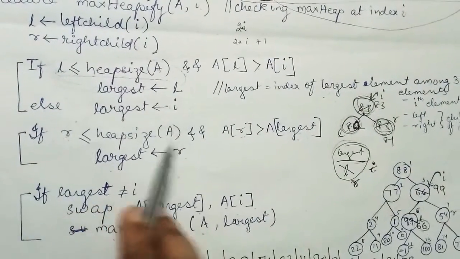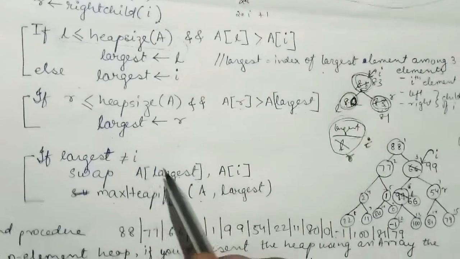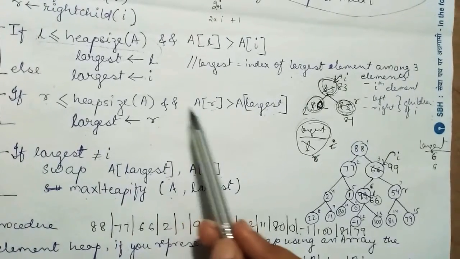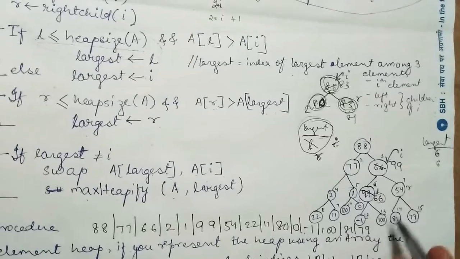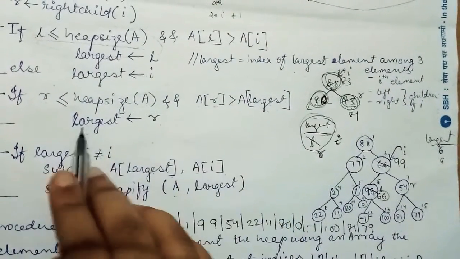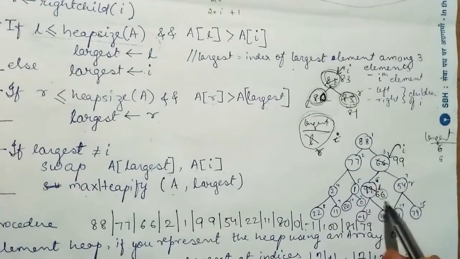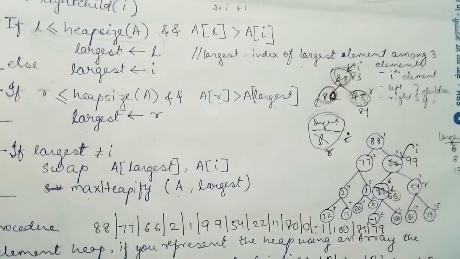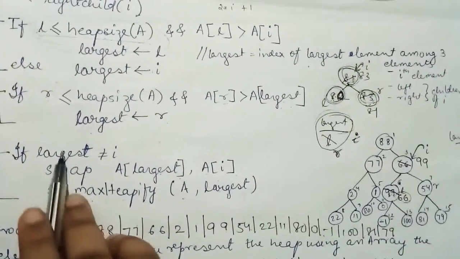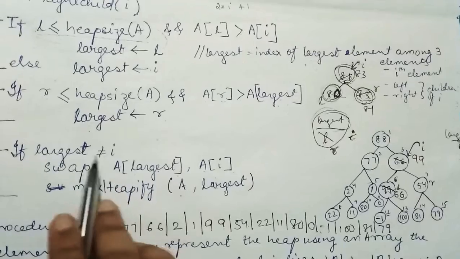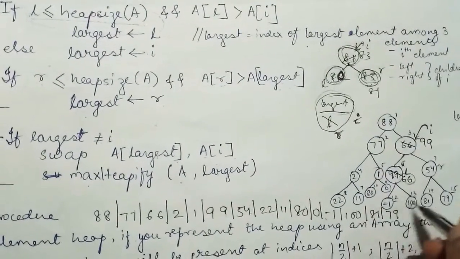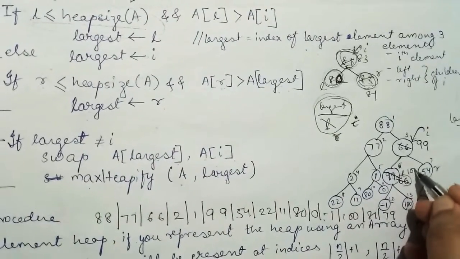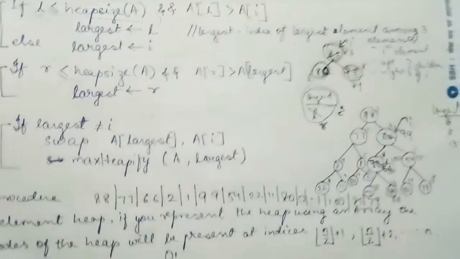If R is less than heap size, yes, 13 is less than 15, and A of R is greater than A of largest, 66, here it is 100. Yes, both the conditions are satisfied, therefore largest equals R, that is 13. Now largest is not equal to I. Yes, 13 is not equal to 6. Therefore, swap it. This will be my 100. This will be my 66.